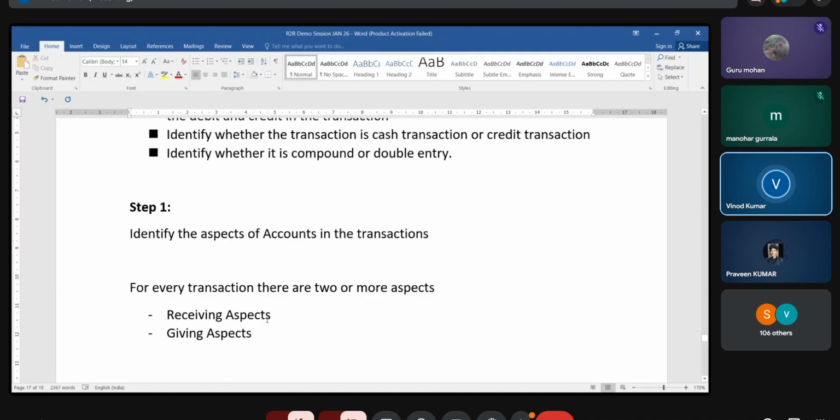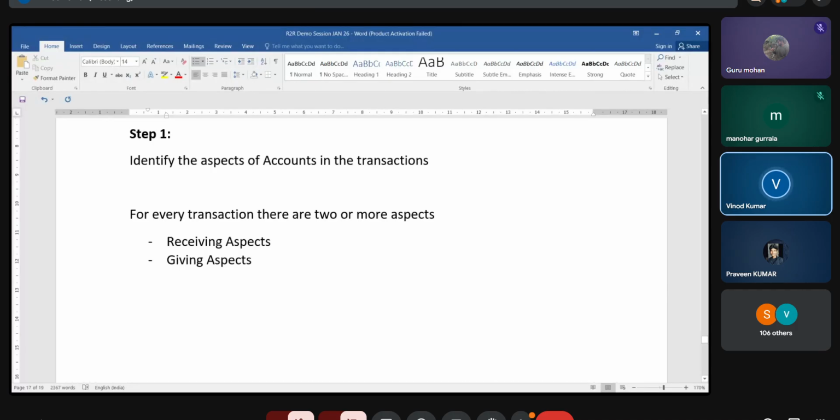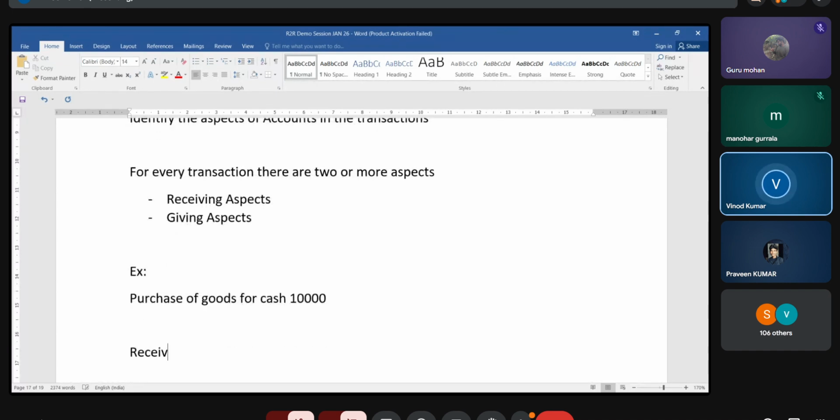Under that, the first important thing is to identify the aspects of accounts in the transaction. For every transaction, there are two or more aspects: one is receiving and one is giving. Okay. Yesterday we discussed an example: purchase of goods for cash, 10,000 rupees. So what is the receiving aspect and what is the giving aspect in this transaction?